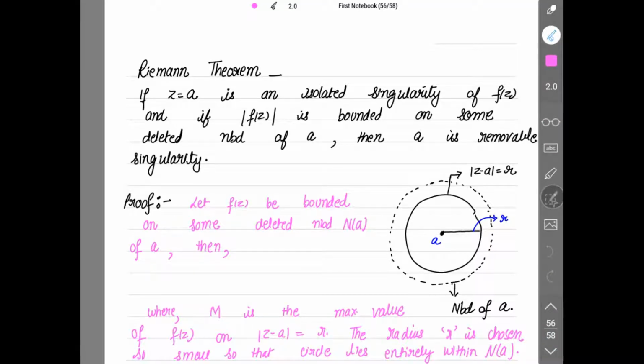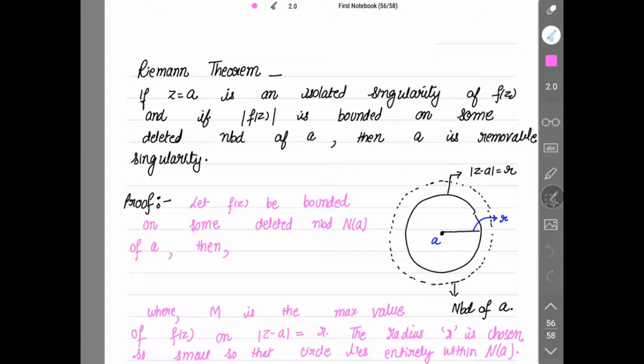So the theorem is named Riemann Theorem. Let's start this. If z equal to a is an isolated singularity of f(z), and if mod of f(z) is bounded on some deleted neighborhood of a, then a is a removable singularity. What we have discussed in isolated singularity is that it is a lone singularity.